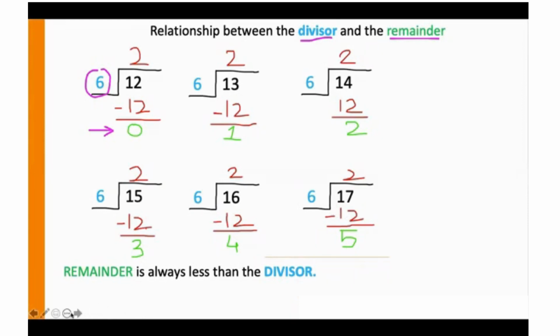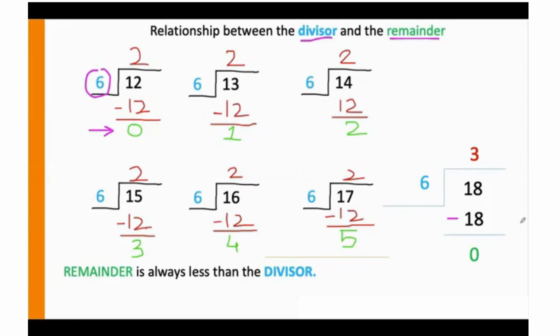And so you get the remainder 1, 2, 3, 4, 5. And now let's talk about 18 being divided by 6. And since 18 is a multiple of 6, 6 3s are 18, you will get 0 as a remainder. So look at all the remainders that you are getting. You get 0, 1, 2, 3, 4, 5. Again, you can get 0.